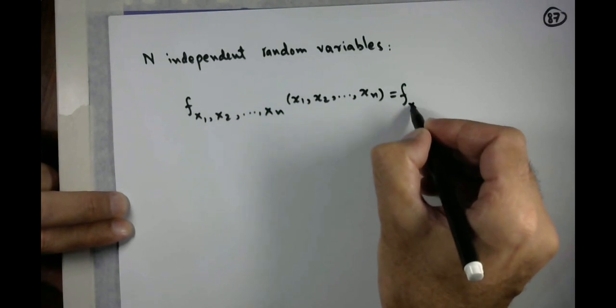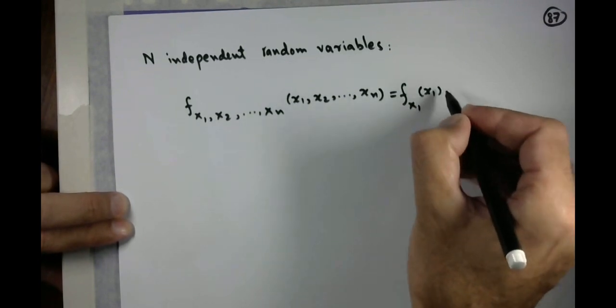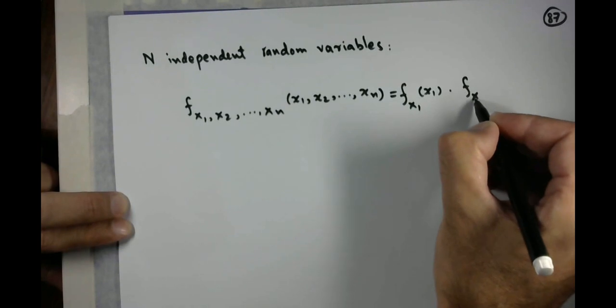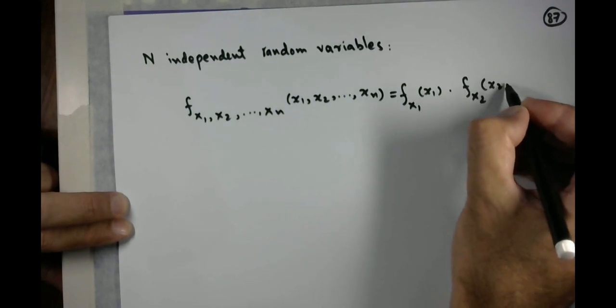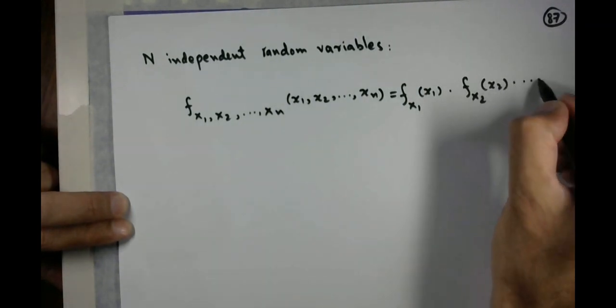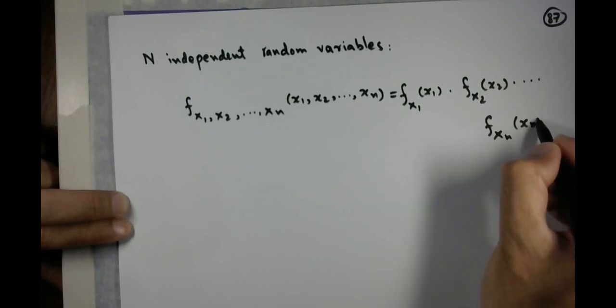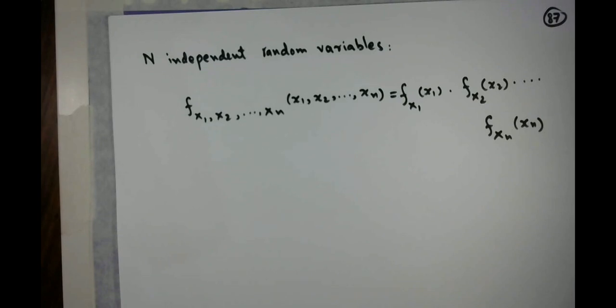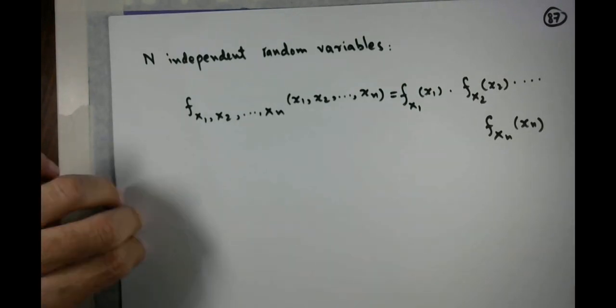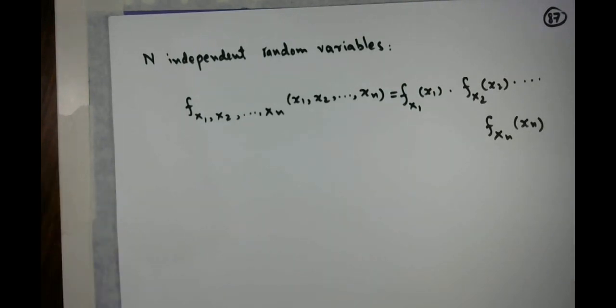So this should be f sub x1 of x1 times f sub x2 of x2 times so on f sub xn of xn. So if you know that n continuous random variables are independent, then this expression is an automatic result.